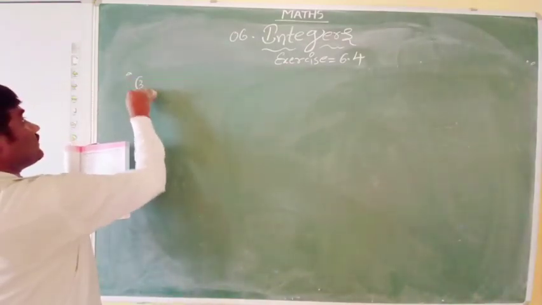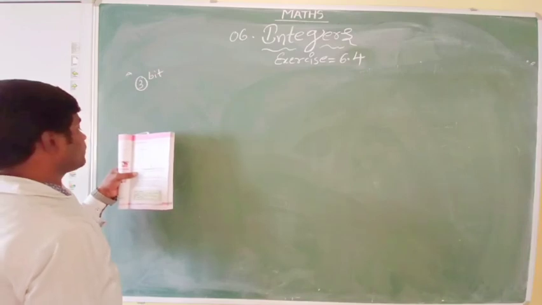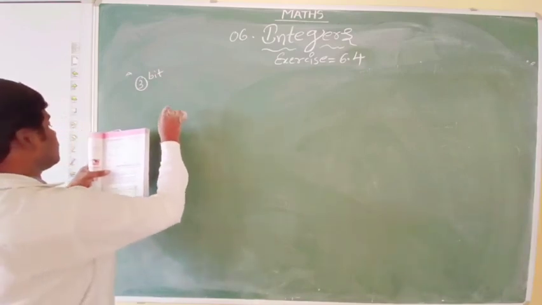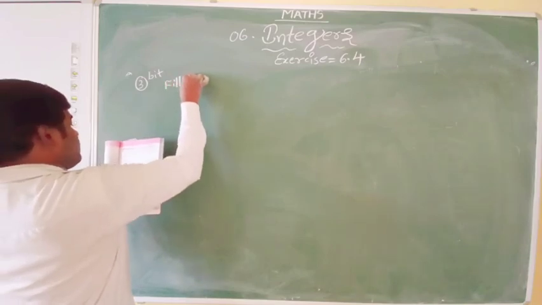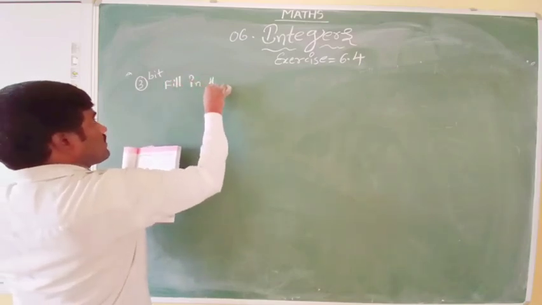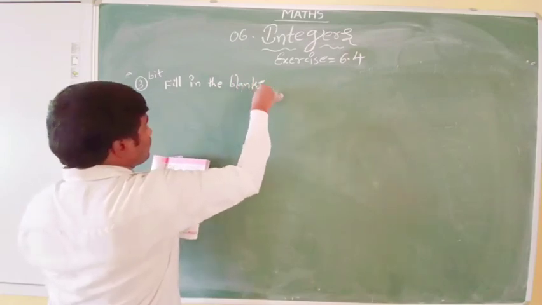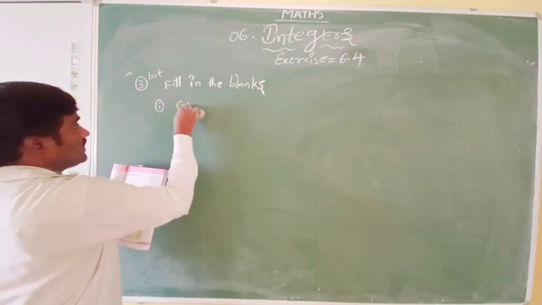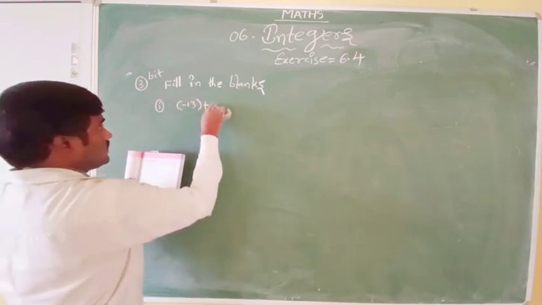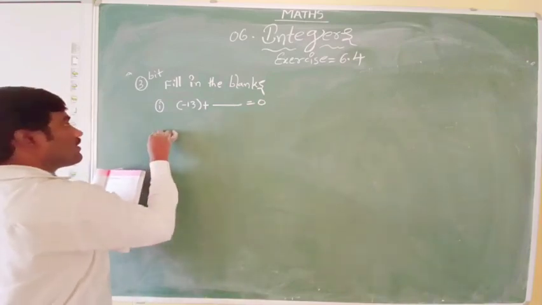Your third bit, 6.4, fill in the blanks. Okay, fill in the blanks. The first question in the fill in the blanks, minus 13 plus dash equal to 0.